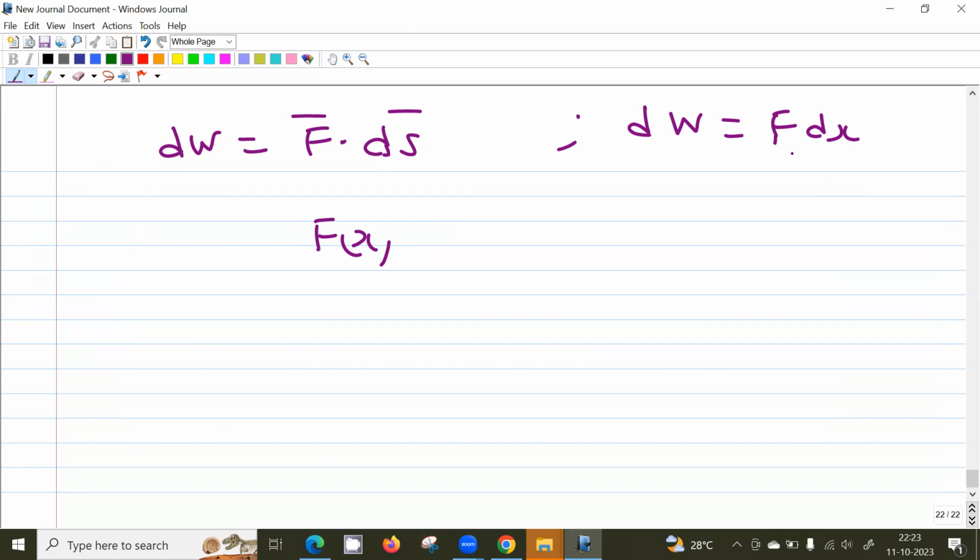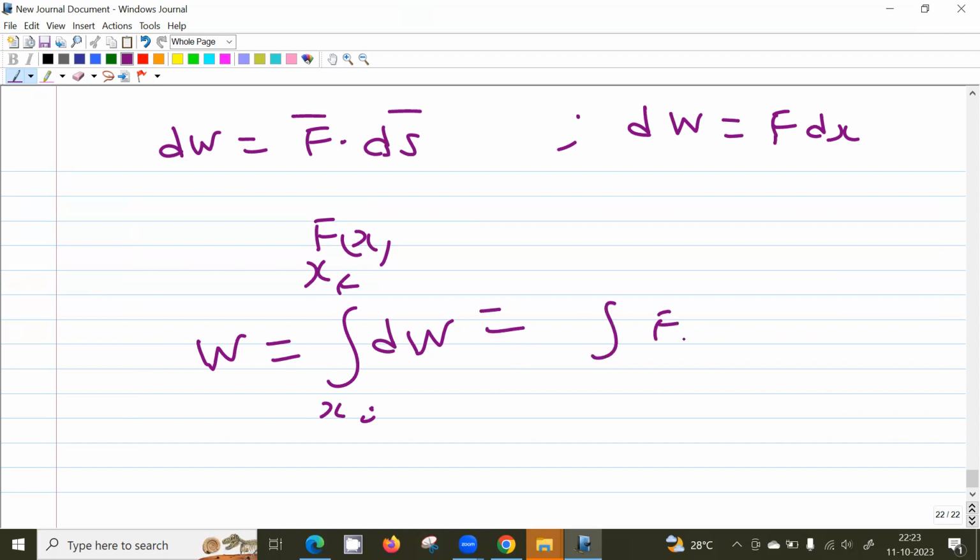So the total work done will be the integral of F dx between the initial position and the final position. F as a function of x will be given, and you have to find the work done to go from one point to another along the x-axis. It can be, say, from -1 meter to 10 meters.